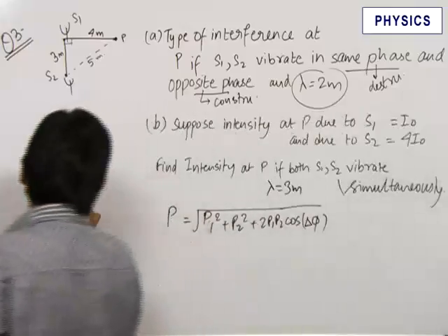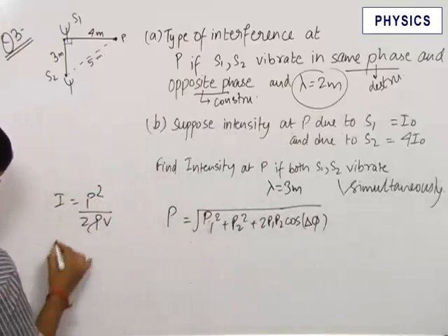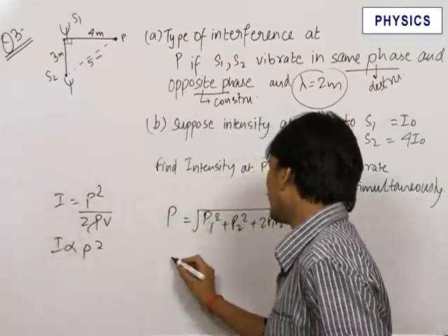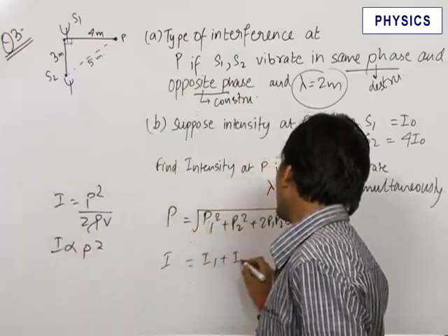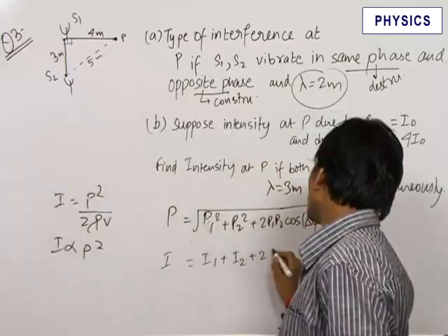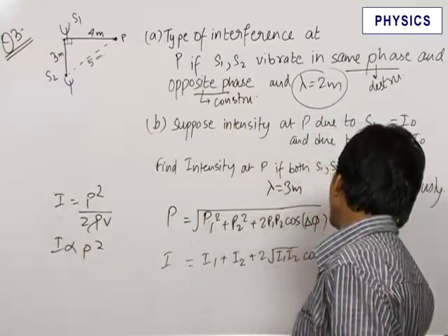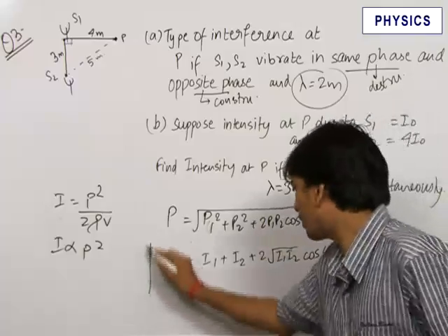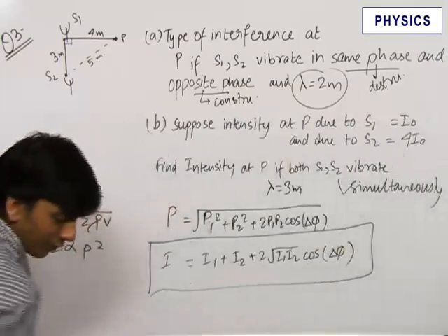Now, we know that intensity is equal to P square upon 2 rho V. Therefore, intensity is directly proportional to P square, that is pressure amplitude whole square. Therefore, we can write intensity is equal to I1 plus I2 plus 2 times root over I1 I2 cos of delta phi. Now, you should remember this formula of resultant intensity when we have interference.